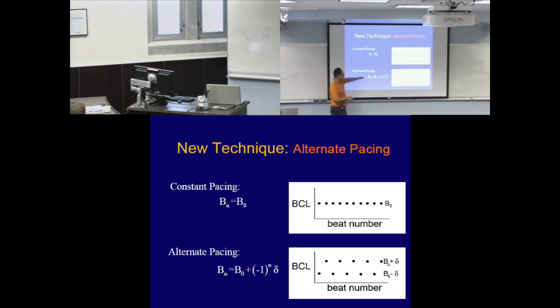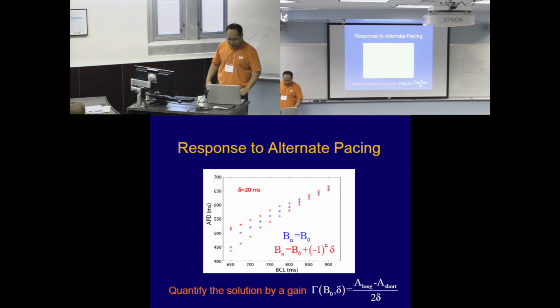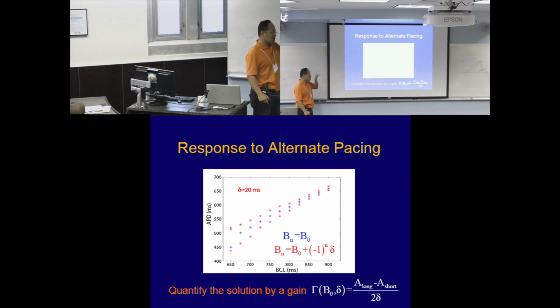The baseline determines how far you are from the bifurcation, and delta, the perturbation, depends on the amplitude of your perturbation. So then using this alternate pacing protocol, we can stimulate cardiac tissue.